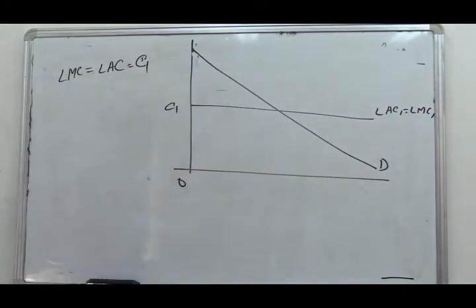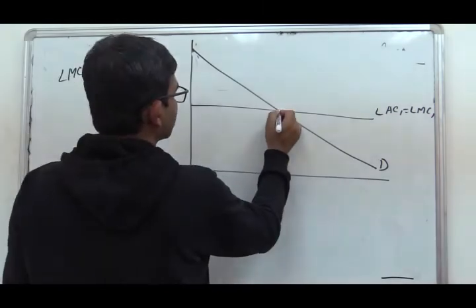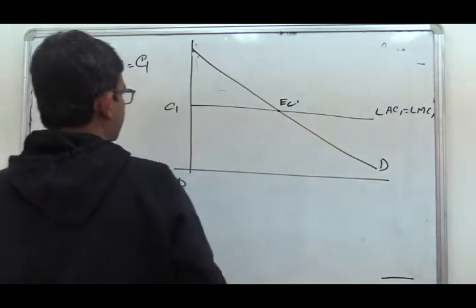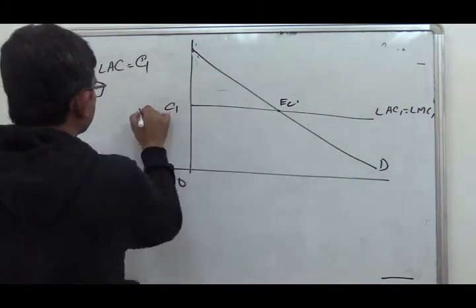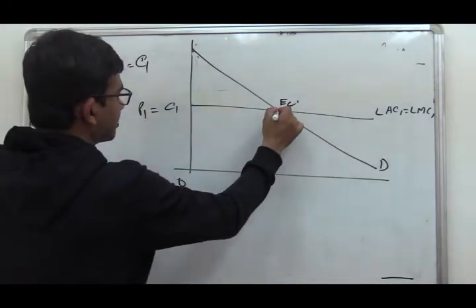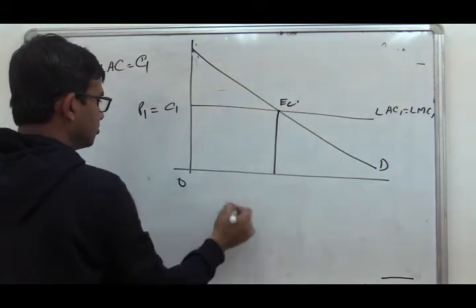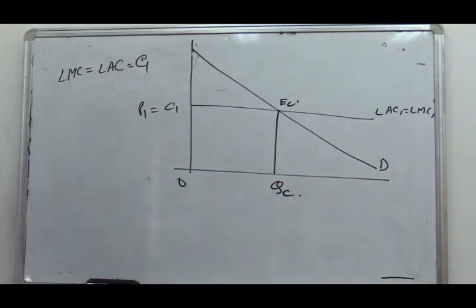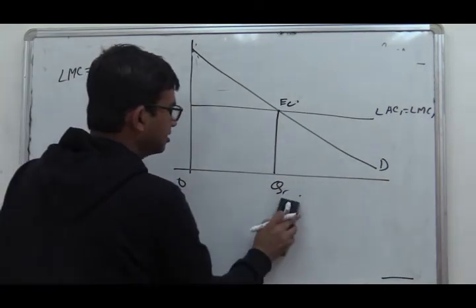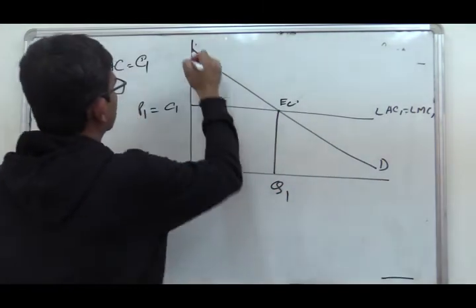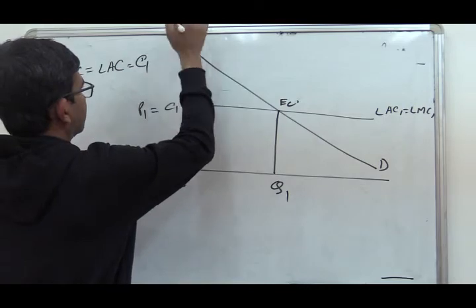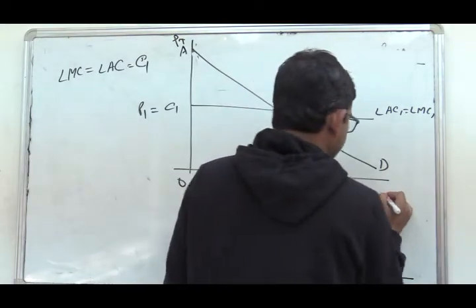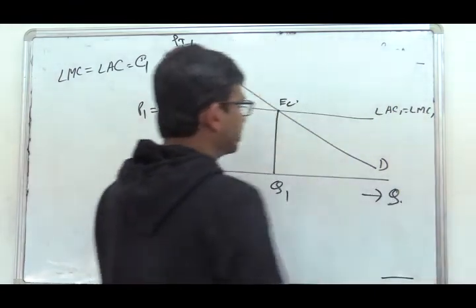What will be the equilibrium point? The intersection of the demand curve and cost curve. So EC is the competitive equilibrium point, and the competitive price will be P1 equals C1. This is the output level QC, or better we can say Q1. In the vertical axis we are measuring price, revenue and cost. In the horizontal axis we are measuring the quantity of output.